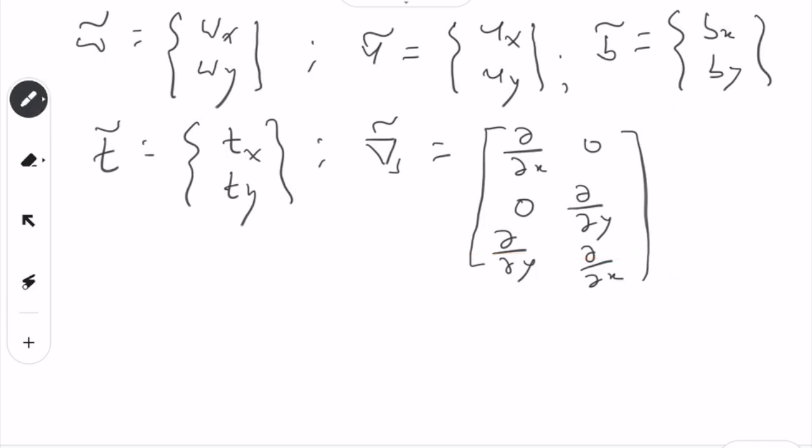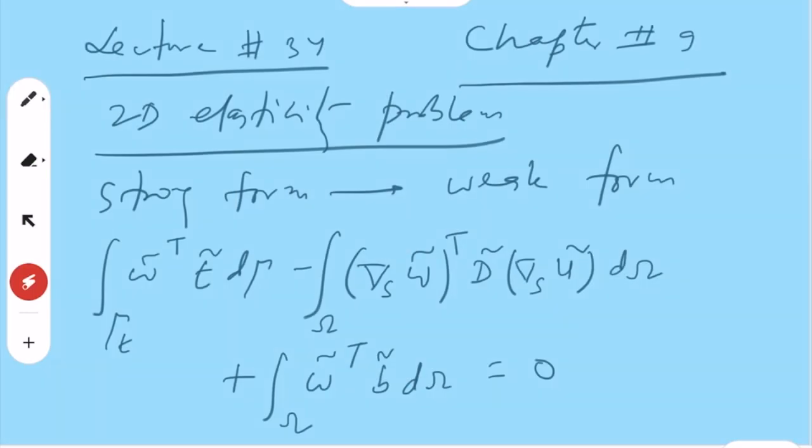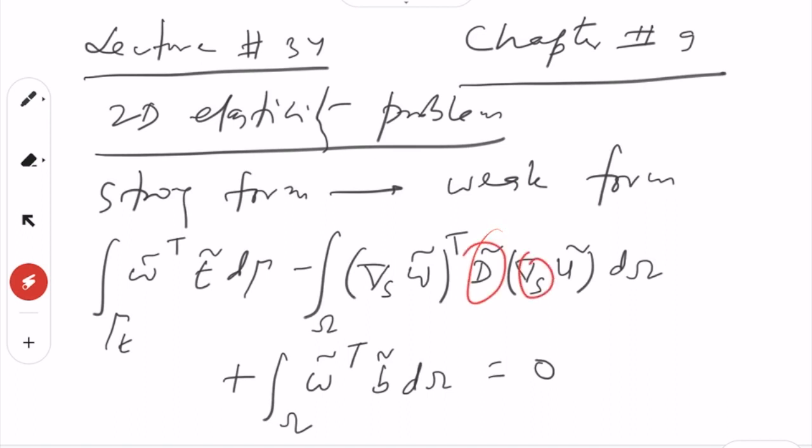Then we have d tilde, which is equal to E over 1 minus nu squared, and then we have the matrix 1 nu 0, nu 1 0, 0 0 (1 minus nu) over 2. So this is what the d matrix is.